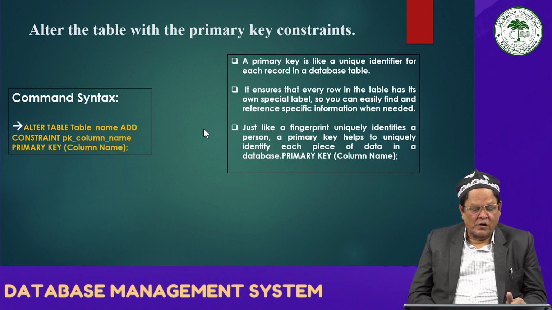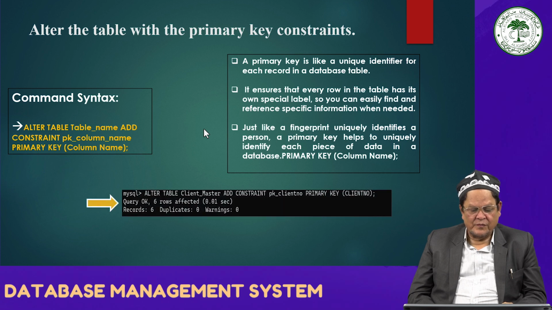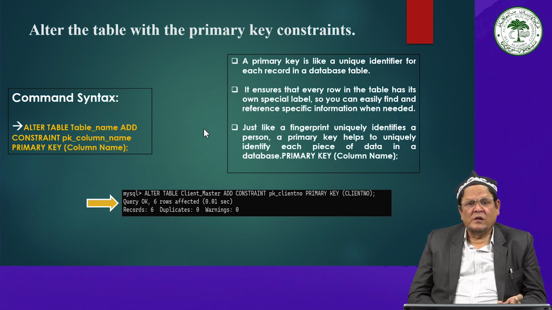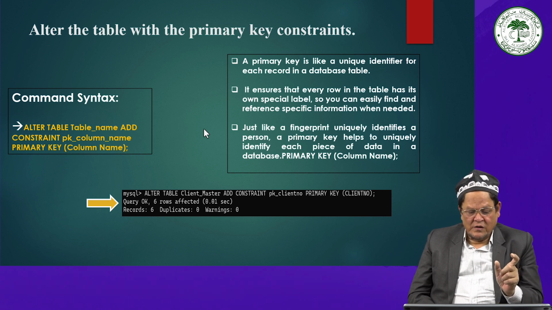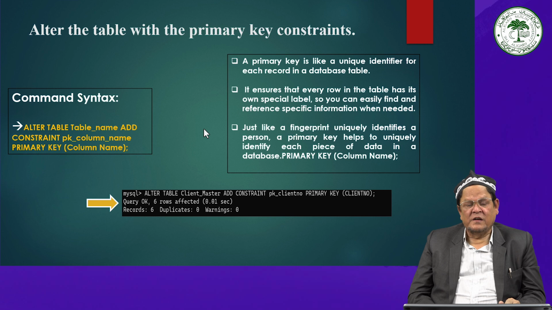The command we have to write: alter table, then the table name. Here the table name is client master. And we have to add a key constraint. We write add constraint pk underscore client number primary key, client number.